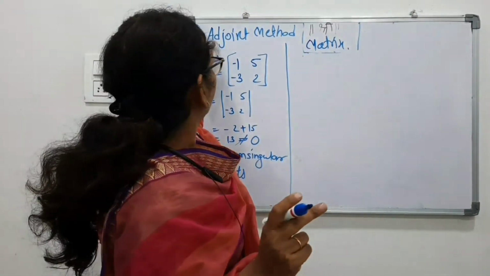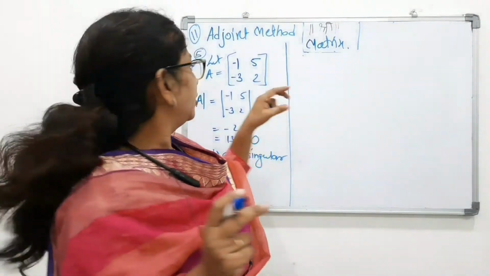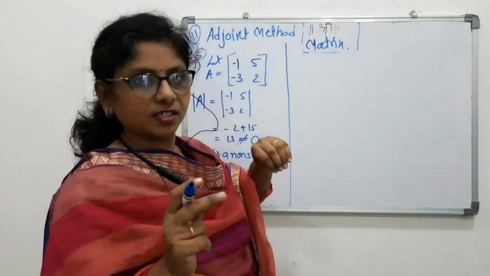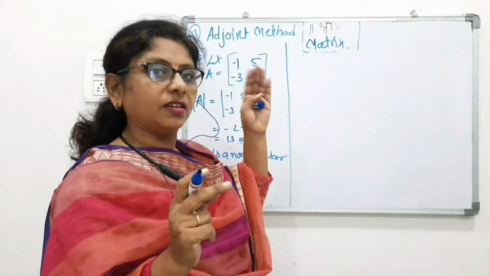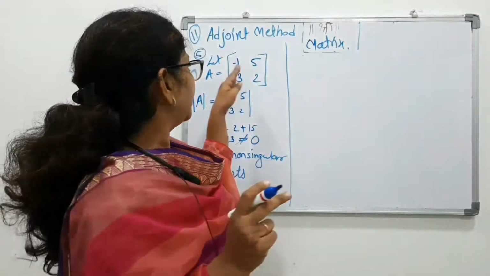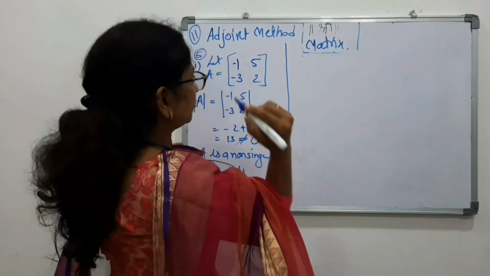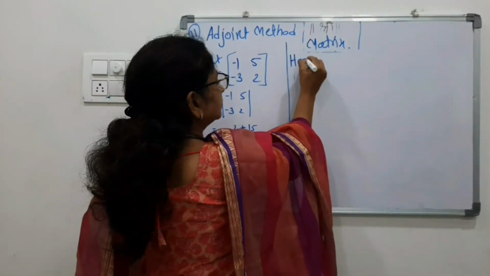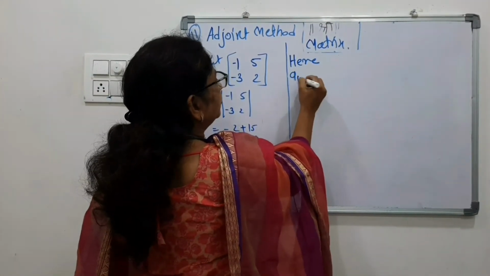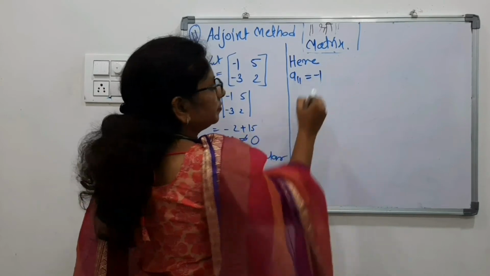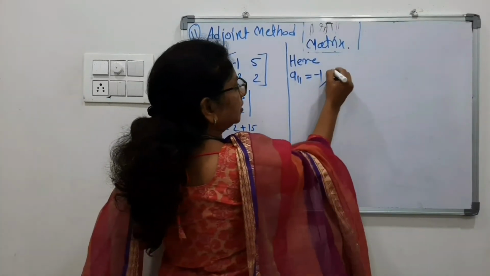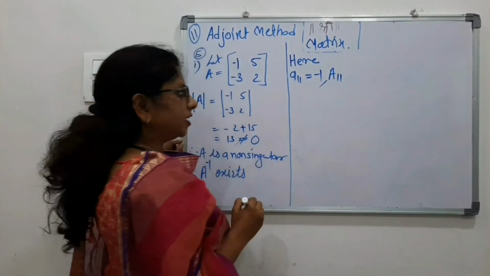Now here we have to apply the adjoint method. So we have to find the minors and cofactors. We know how to find minors and then how to find cofactors. So directly we will find the cofactor of each element. Here, what is A11? A11 is minus 1. So the corresponding cofactor is capital A11.